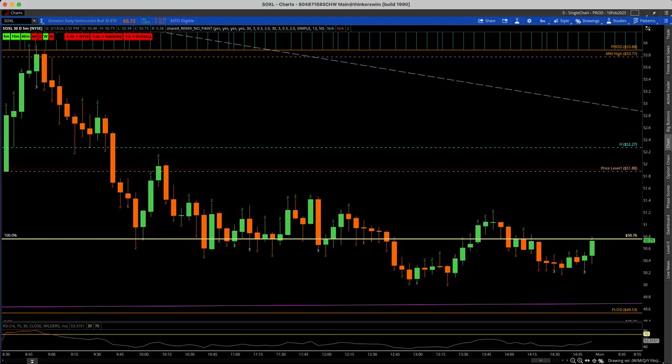But if you aren't trying to operate on a chart with a lot of noise on it like a 1-minute does, and you want a little less noise but still on a small time frame, we usually like to just stay on that 5-minute for those opening 30, 45 minutes to an hour of price action. At the same time, having the other time frames on our other charts, right?